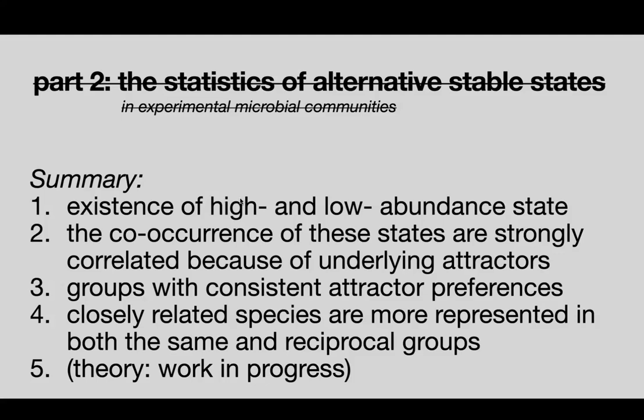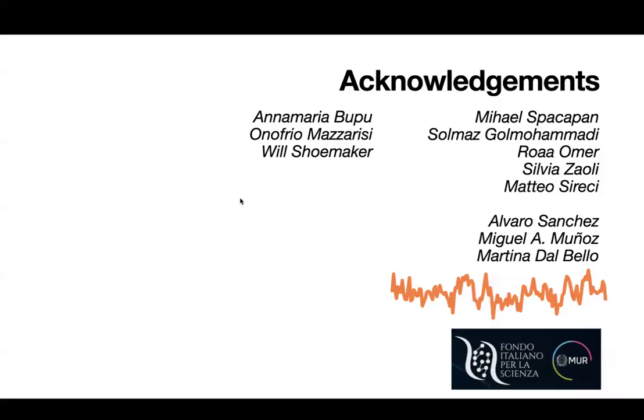And there are groups with consistent attractor preference, which are closely related, where species that are closely related appear both in the same and reciprocal groups, suggesting that both limiting similarity and environmental filtering shape the composition of these communities at the same time. So with that, I conclude.